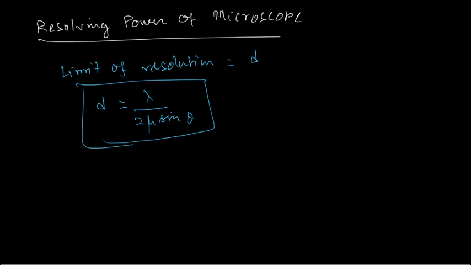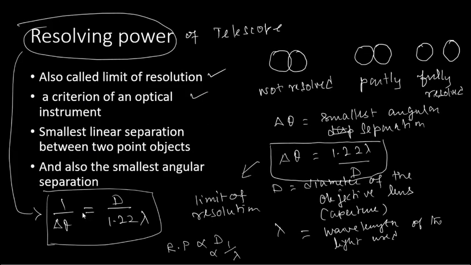In the case of a telescope, the limit of resolution is given as delta theta, that is 1.22 lambda divided by d.